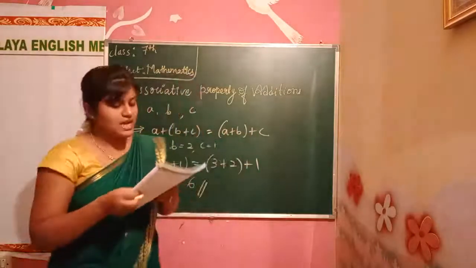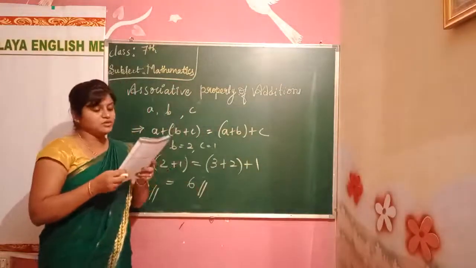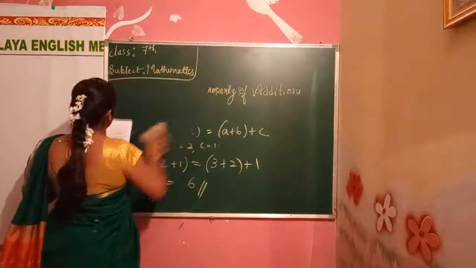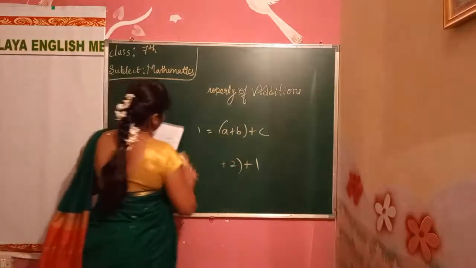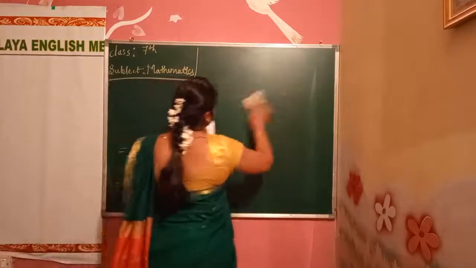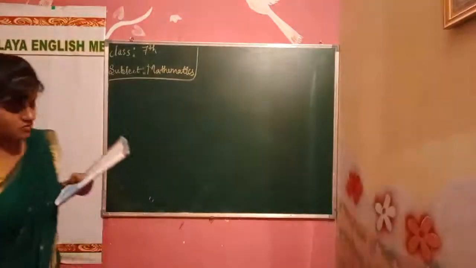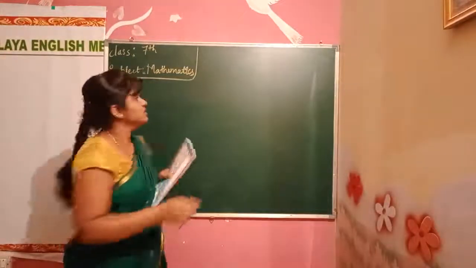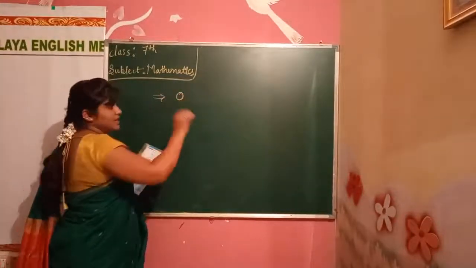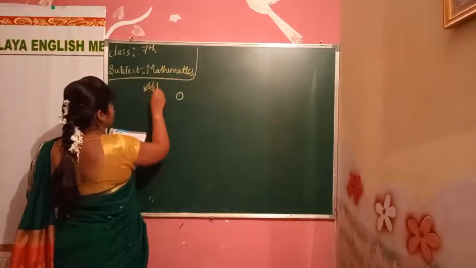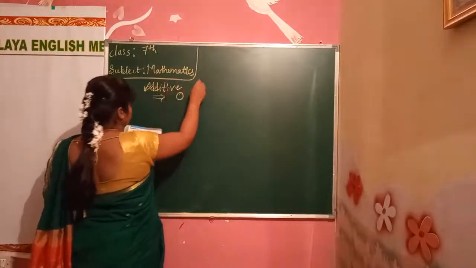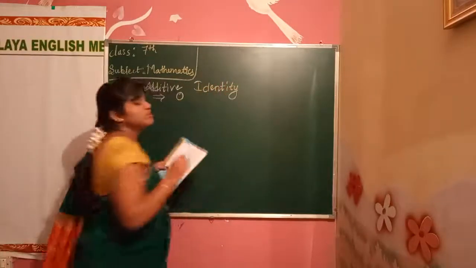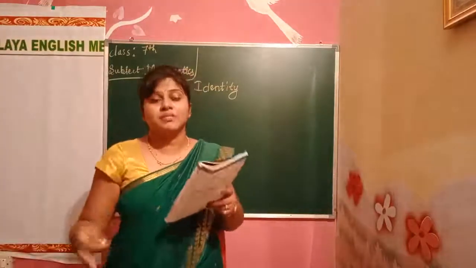The last one is additive identity. Additive identity means when we add 0 to any number, we get that number itself.